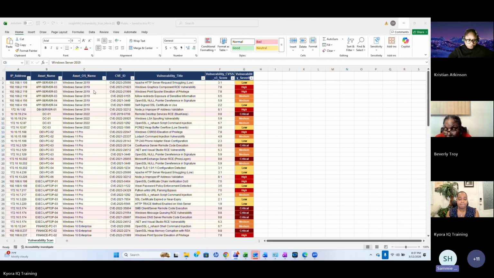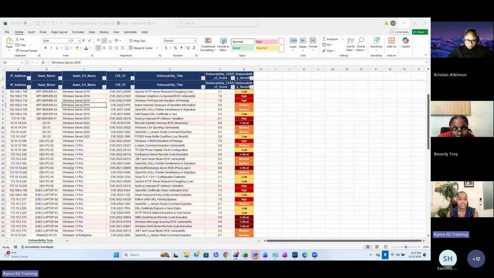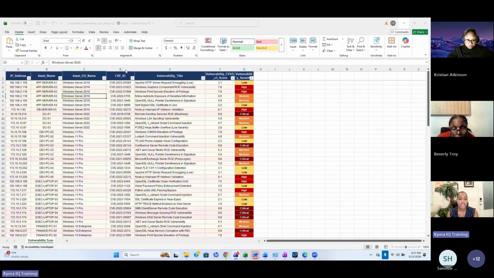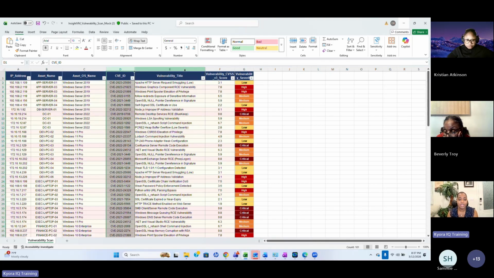Okay, so IP address, your asset name. This is going to depend on how the environment is set up, but for the training environment, we have multiple different types of assets here. The OS name and then the CVE ID. The CVE ID is how the vulnerabilities are tracked, right? CVE and then 2023 would be maybe the year that it was released, and then the vulnerability number that was assigned for easy tracking. And then they have the vulnerability title.